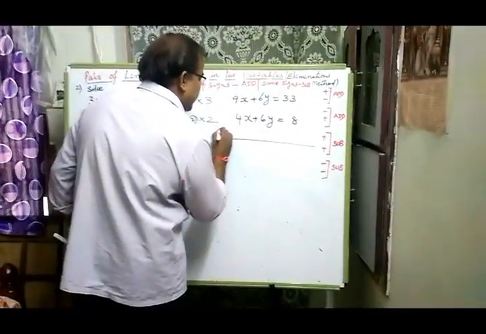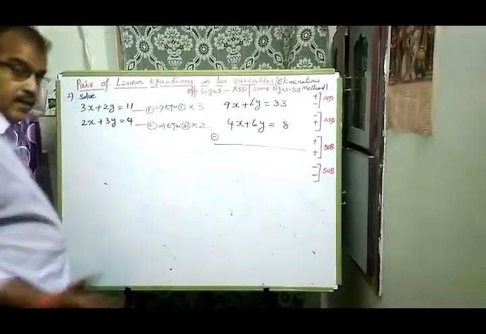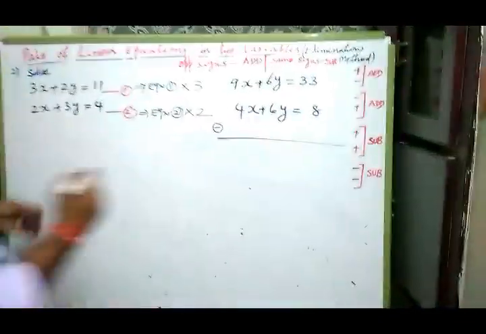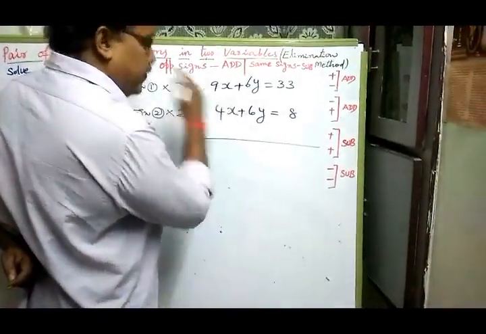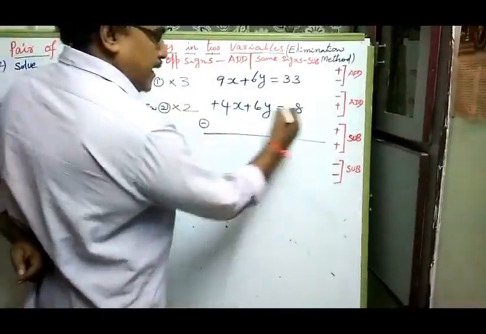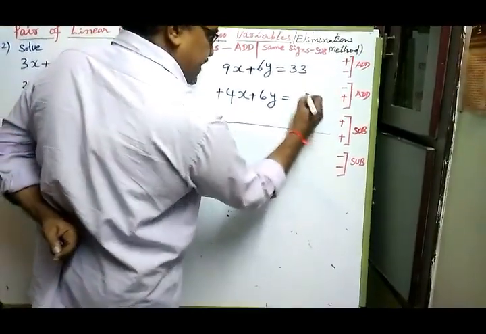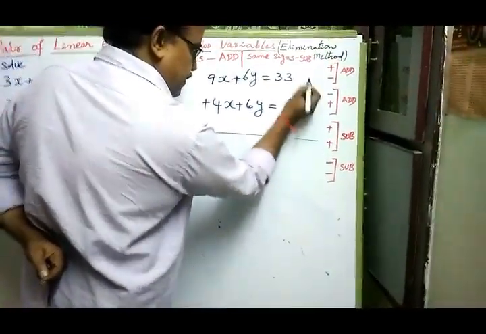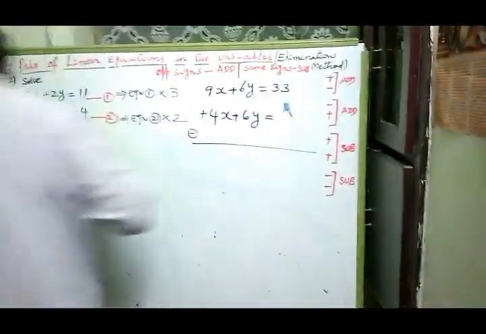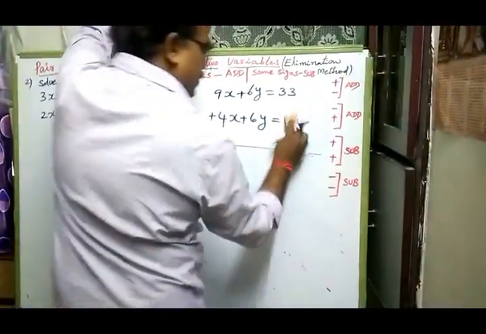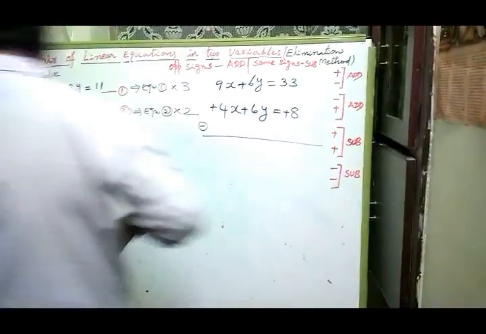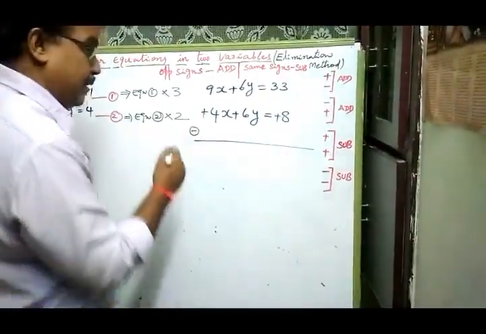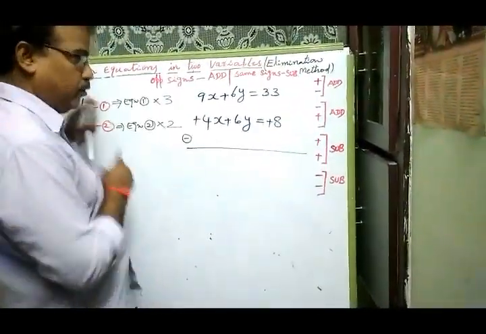So here the sign for 4x is plus, the sign for 8 is plus, so this is very important. Addition means very easy, subtraction means we have to do it carefully.